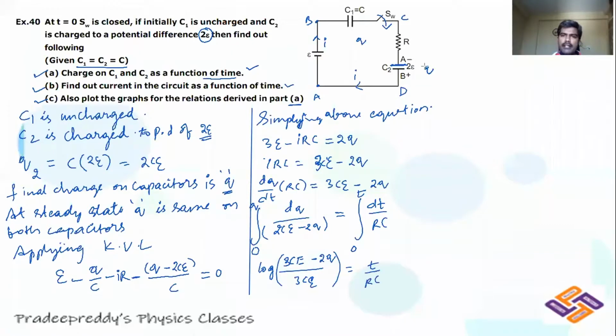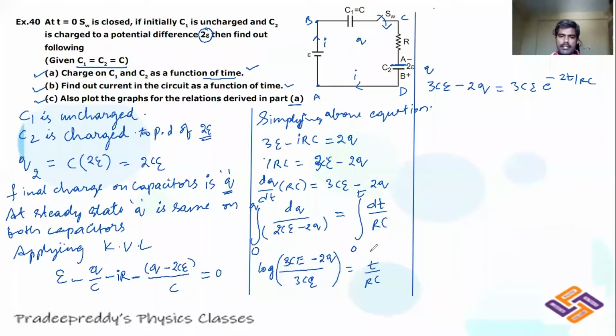Okay, you cross check that, and this log comes to the other side, it will become exponential, and evaluating that, you will finally get an equation which is 3CE minus 2Q is equal to 3CE into e power minus 2t divided by RC. As it is the mathematics part, I am not deriving step by step. That mathematics verification is left to you students. You need to verify that.